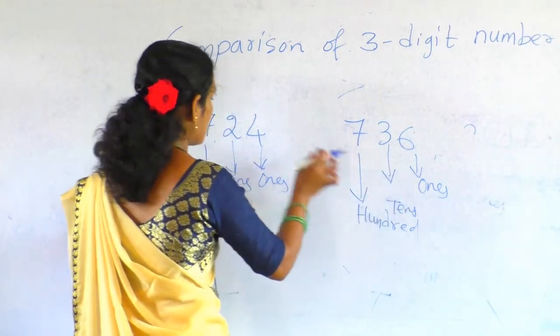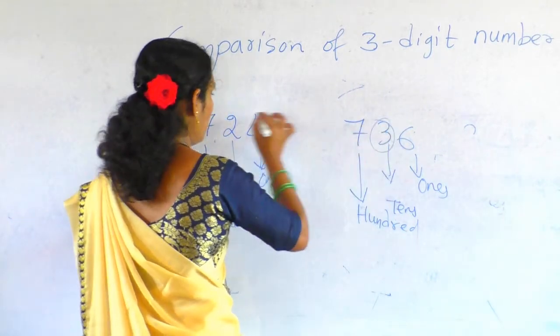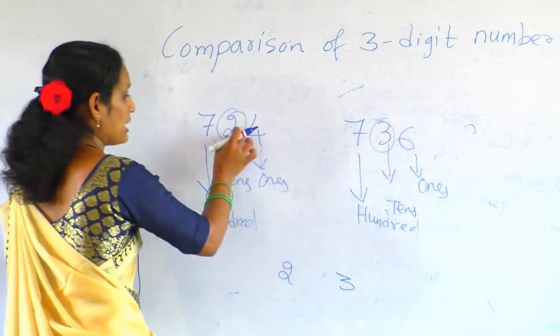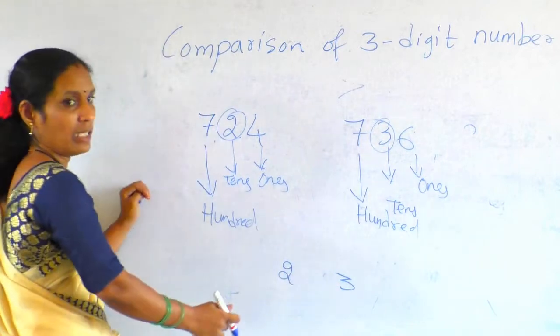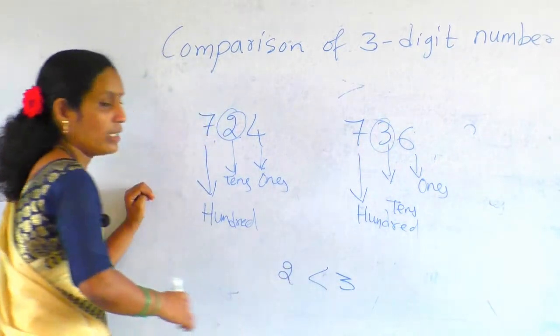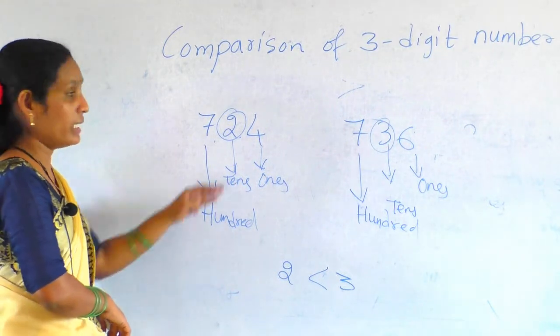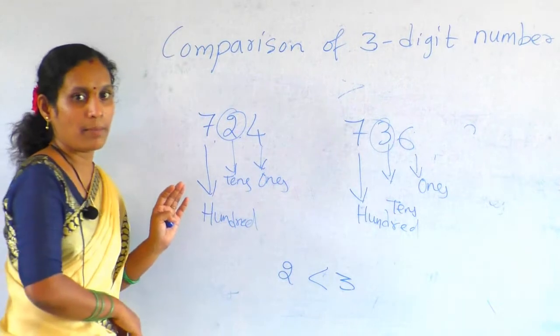Check the tens place: 2 and 3. Automatically 3 is greater than 2 in the tens place, because the hundreds place numbers are the same.